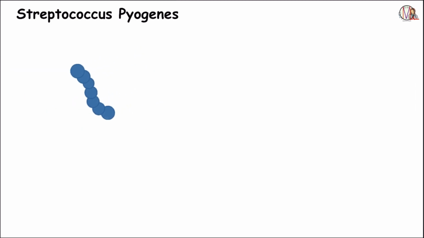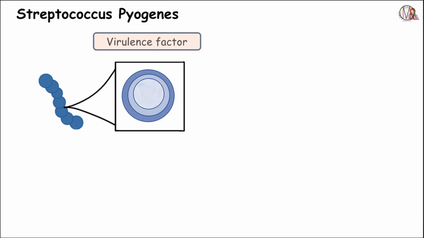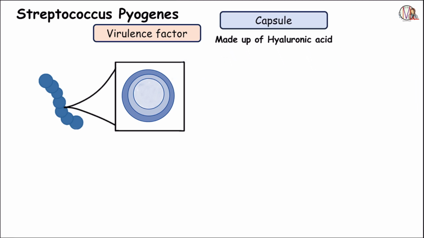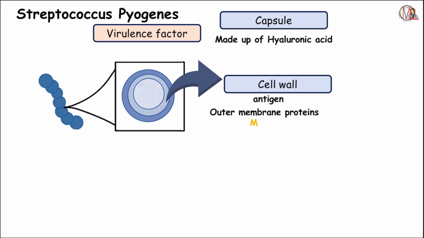Streptococcus pyogenes possesses numerous virulence factors, including its capsule, which is unique for being composed of hyaluronic acid, while others typically have a polysaccharide capsule. Within its cell wall, specific antigens and outer membrane proteins such as M, T, and R are present.